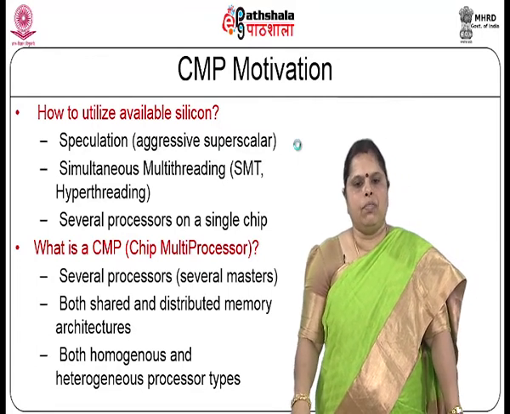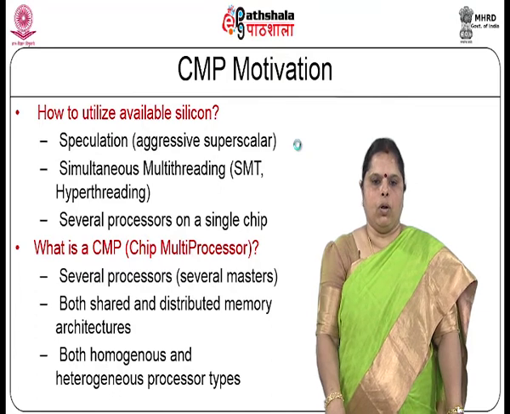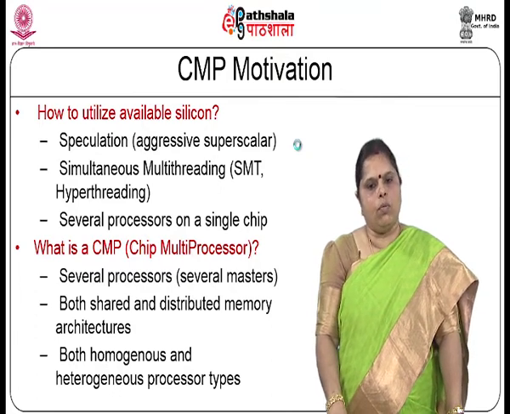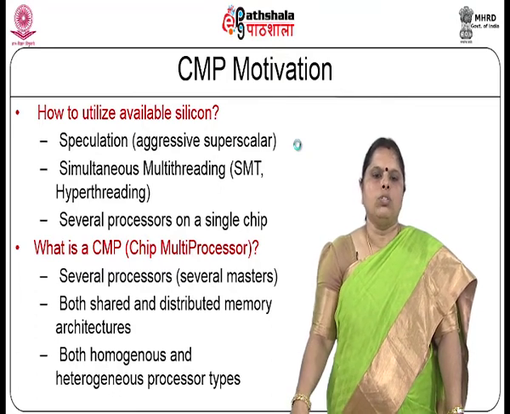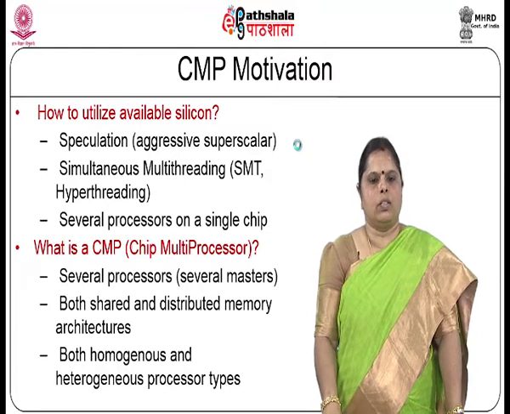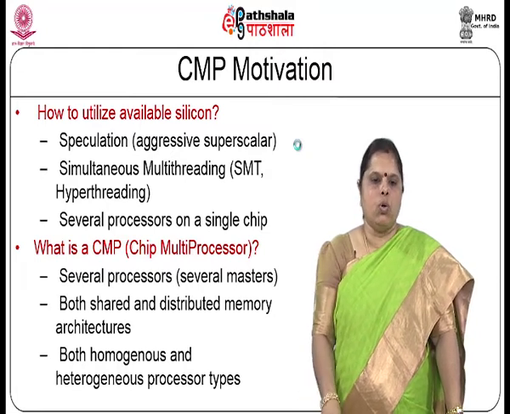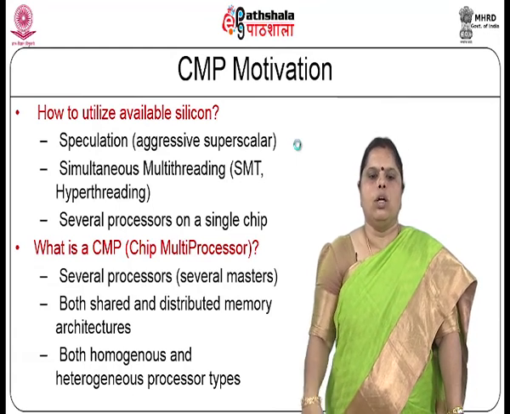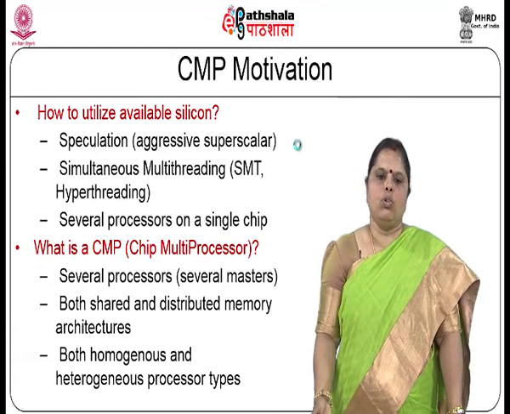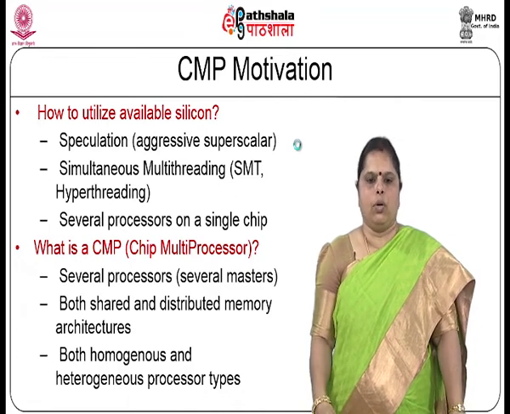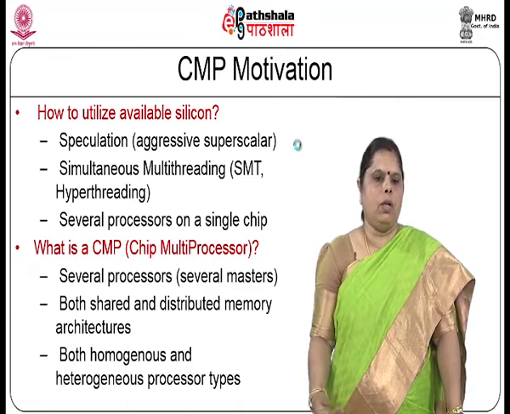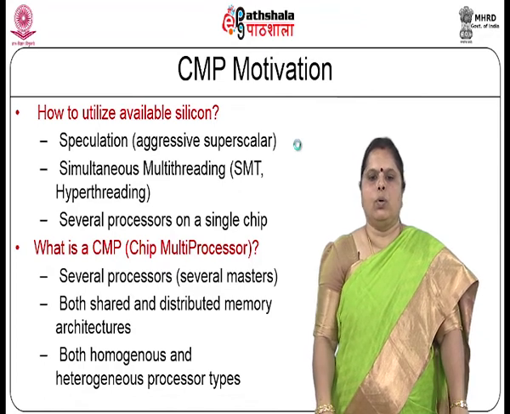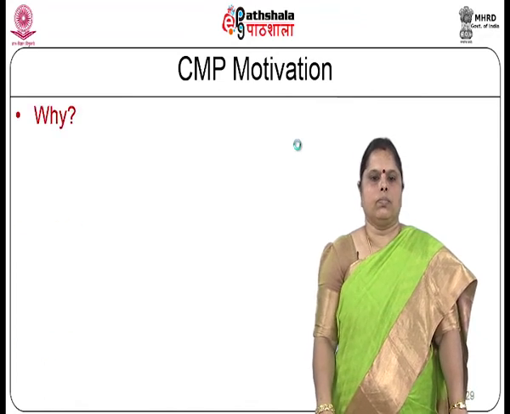For example, if I decide to have 4 cores on a particular die, you may decide to have all the cores as identical cores, that is called a homogeneous architecture, or you may decide to have 3 cores of one type and 1 core which is different from the other 3, that is called a heterogeneous architecture. So, the cores can be homogeneous or heterogeneous, and they can have a shared memory architecture or a distributed memory architecture.